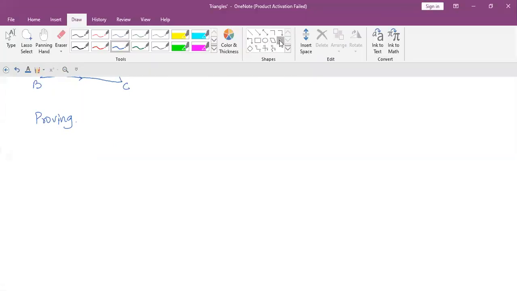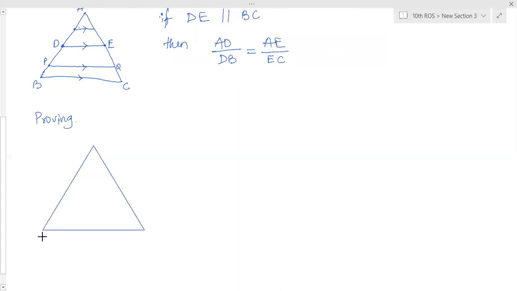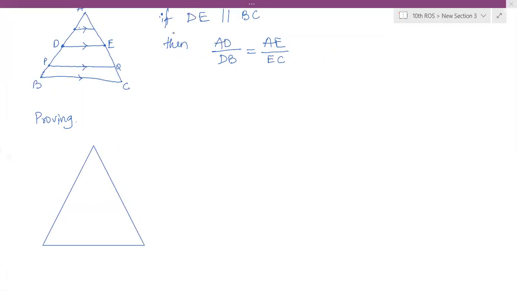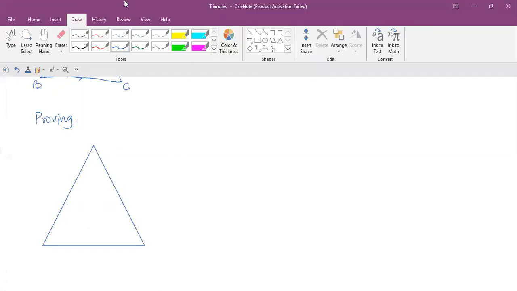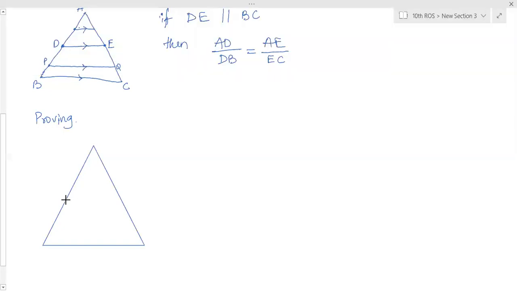For that, we need to draw the triangle. Now this is point A, B, C, the triangle names.